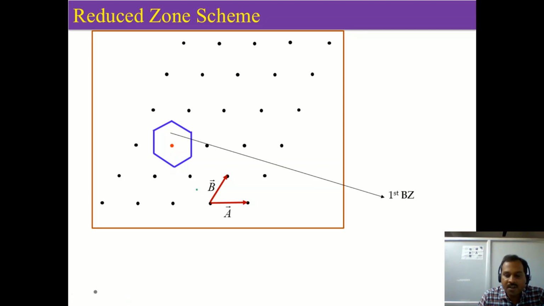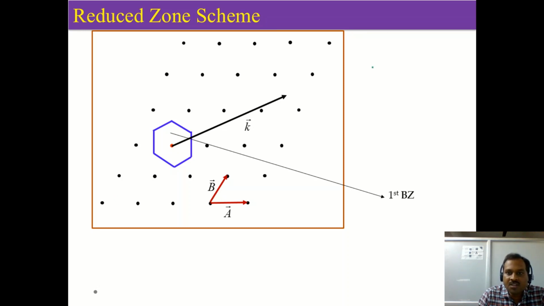Now let us define any arbitrary wave vector k in this reciprocal space, and this is the origin, and with respect to this origin this vector k is defined. Now let us bring this vector k inside the first Brillouin zone.